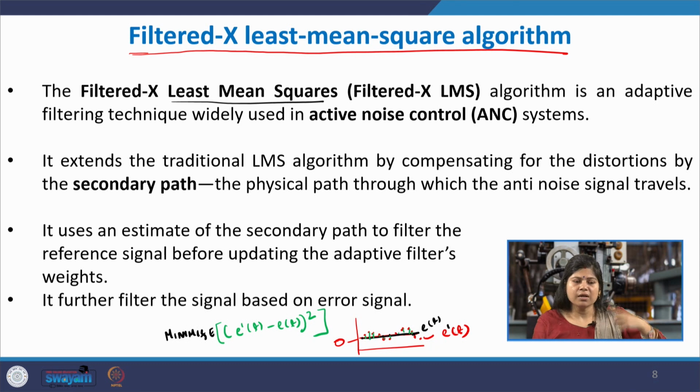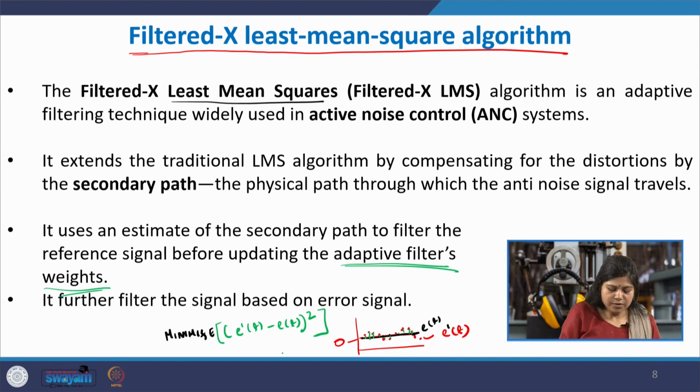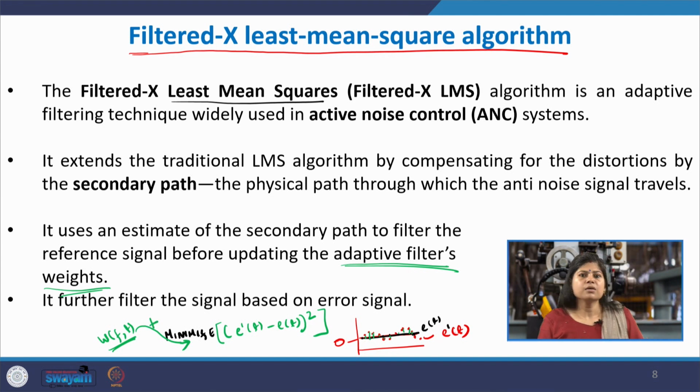Filtered-X is an additional advancement to the LMS algorithm, where adaptive filters or weights are added. These weights could depend on frequency and time. So, on top of minimizing this, we also add certain weights to the anti-noise signal so that we can minimize the error.